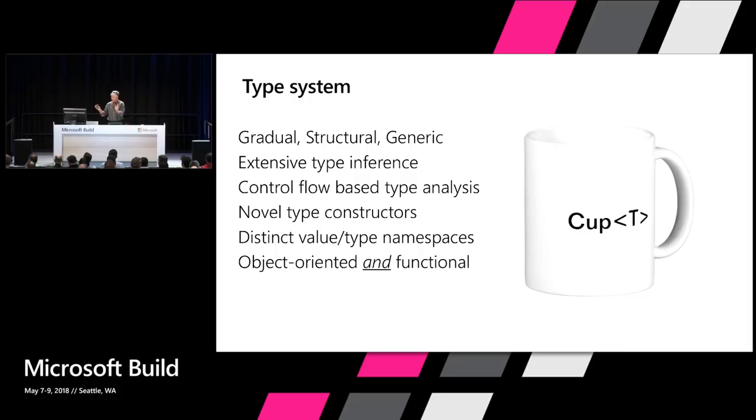And then we have a whole bunch of novel type constructors and distinct namespaces for types and values, so we can sneak all the types into JavaScript code without getting name conflicts. There's a bunch of things in there that are solved in new and interesting ways. In particular, the one at the bottom there: TypeScript is both object-oriented and also a deeply functional programming language. You can use all the mainstream functional programming techniques, and some of our support for discriminated unions and union types and so forth is quite advanced.